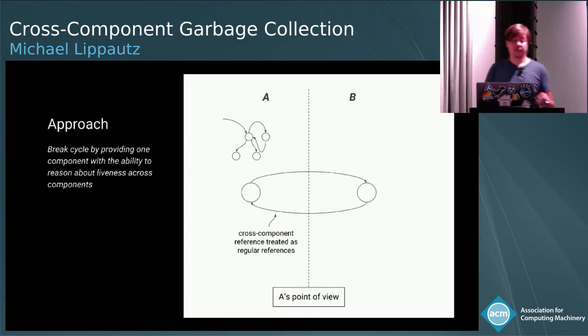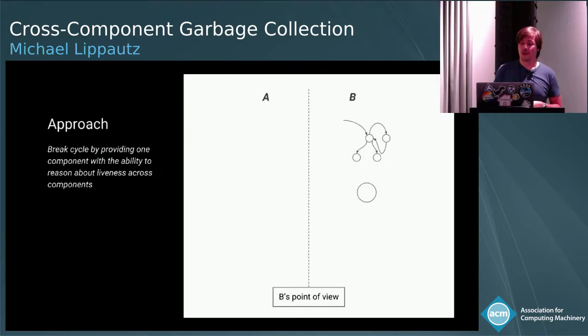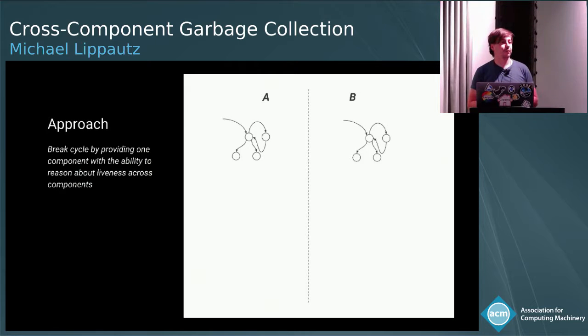It can also trace, or cannot trace in this example, the dead memory, right? So it can actually reclaim that one object, and it can clear those references. From B's point of view, now everything is okay, so on a garbage collection it can reclaim its local object, and we are done, and essentially have reclaimed the cycle across the component boundary.